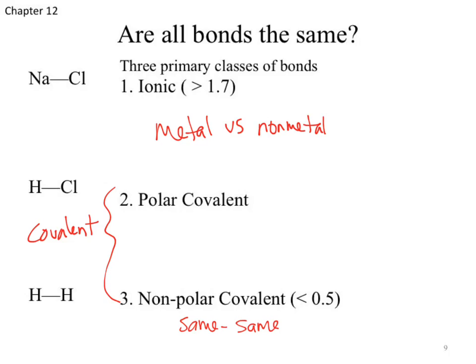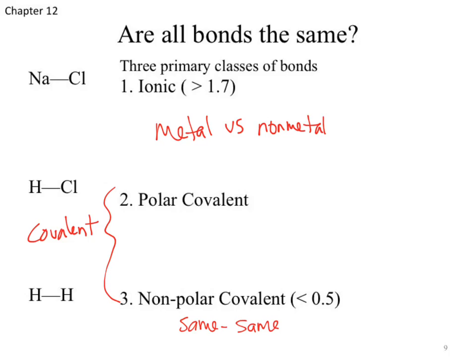Typically, we bond fluorine to anything, and we're going to see some polarity associated with it. But if I put fluorine next to fluorine, what happens? The electronegativities cancel, and I get a nonpolar covalent bond. So it's all about that difference. It's not just that one's really high or one's really low.